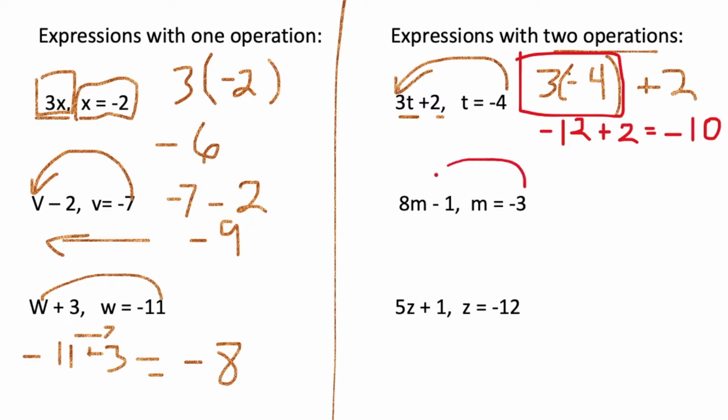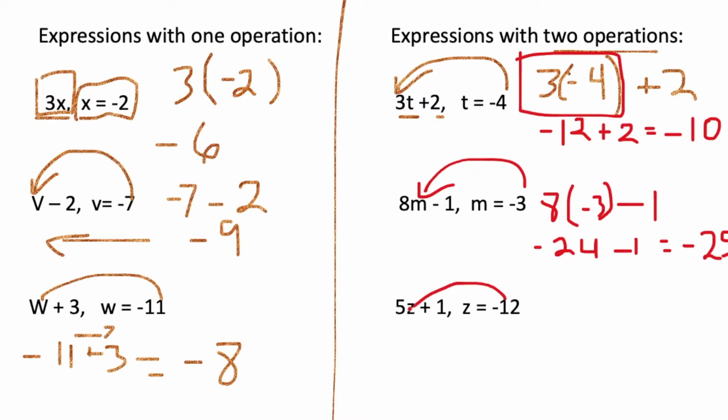All right, again, substituting in, I have the negative times the positive, and that's going to be 24, and I have the negative there, so it's negative, and I'm subtracting 1, so this is going to become more negative, and so that's negative 25.